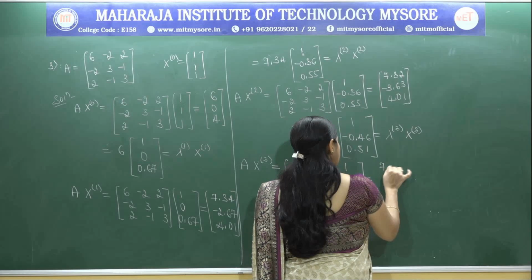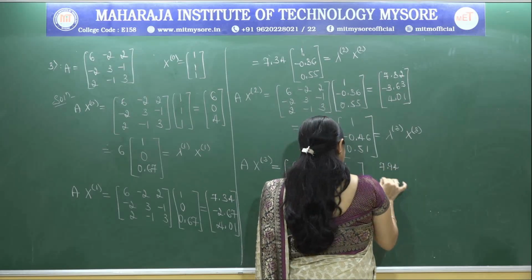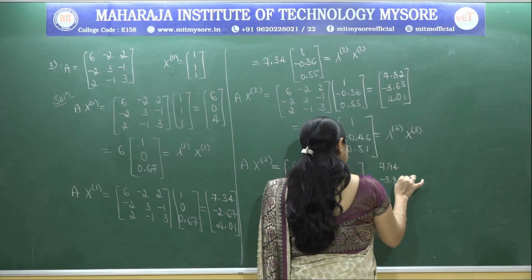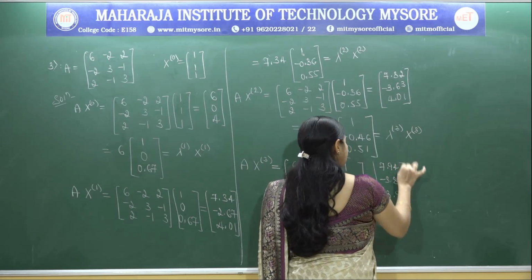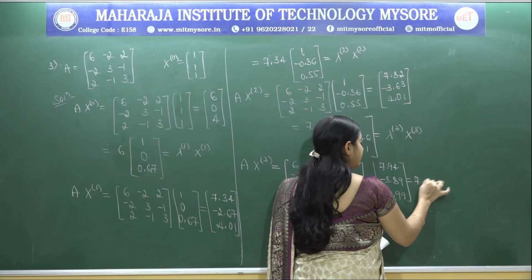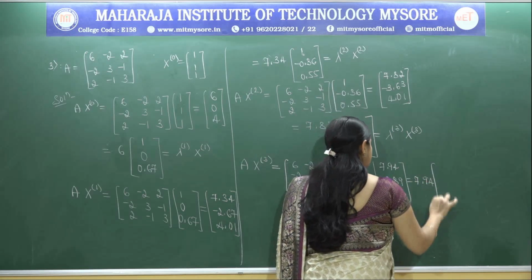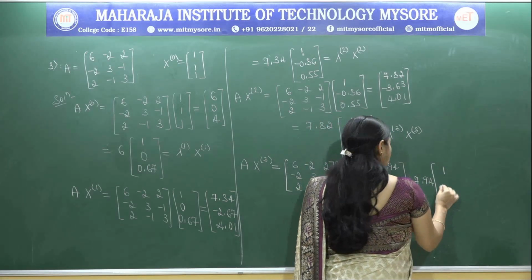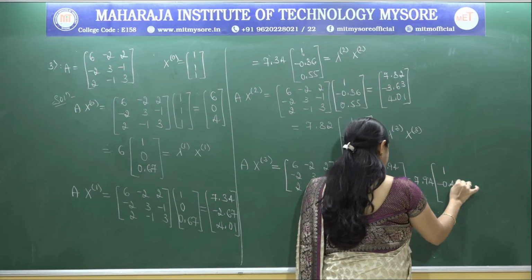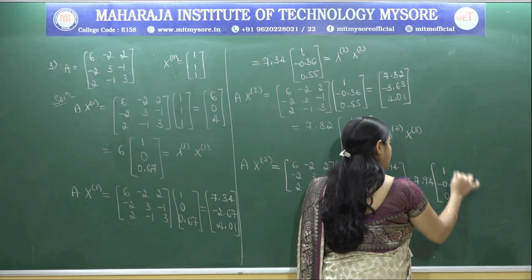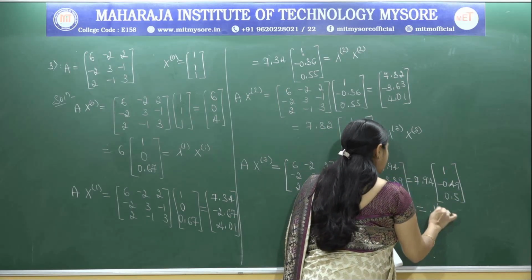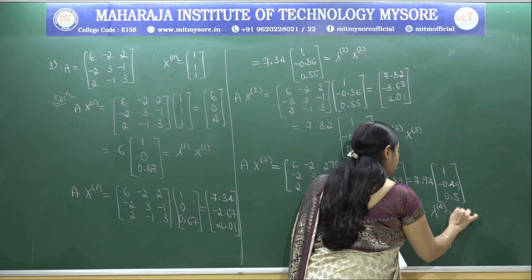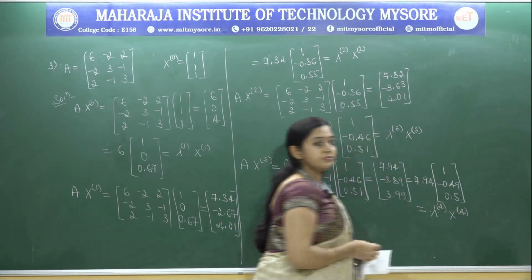You will get 7.94, minus 3.89 and 3.99. In that, 7.94 is the largest entry. Take this as the common term. You will get minus 0.49 as the second one, 0.5 as the third one. So you represent this as lambda of fourth iteration, x of 4.